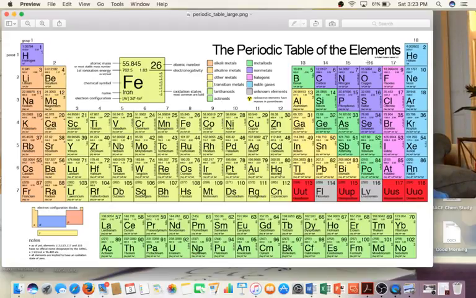Then your anions are going to be anything in your purple, including hydrogen, though hydrogen's really not going to be in any anions, but definitely in covalent bonding. So the purple and your fuchsia pink, which is your halogens, and then remember that you don't ever use your noble gases, because noble gases are noble.